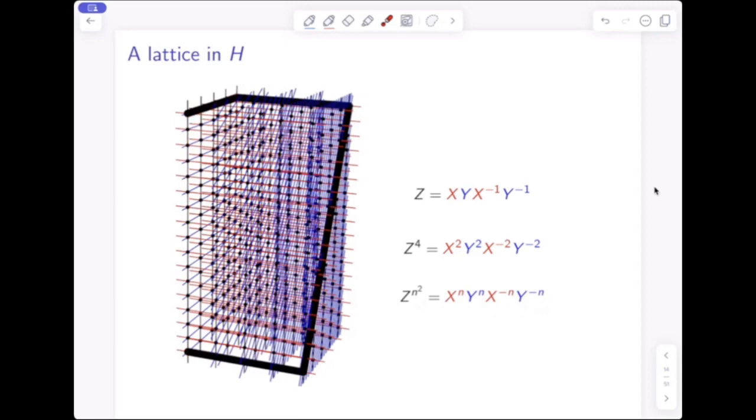So when n is large, the length of this path is on the order of n, but the distance from here to here, the length of this vertical path, is on the order of n squared. And so if you want to go a long distance vertically, the fastest way to do that is to go around one of these spirals, to go around one of these curves here. And that has a big effect on the geometry because it affects the shape of geodesics in this graph.